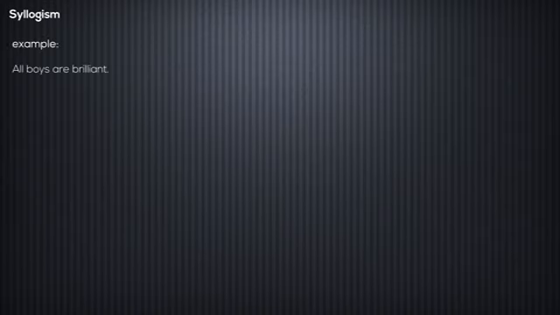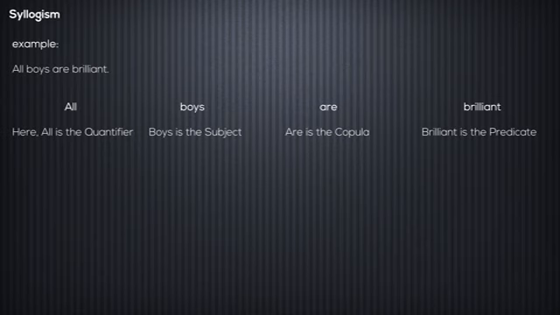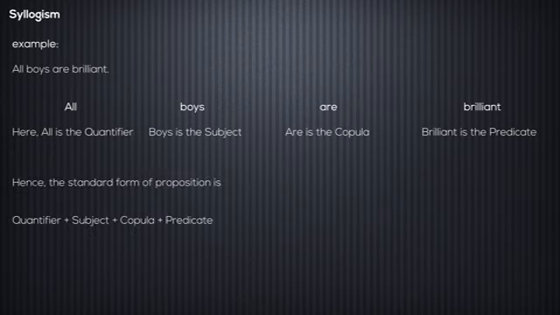Here is an example. All boys are brilliant. Here, all is a quantifier, boys is a subject, are is a copula, and brilliant is the predicate. Hence, the standard form of proposition is quantifier plus subject plus copula plus predicate.